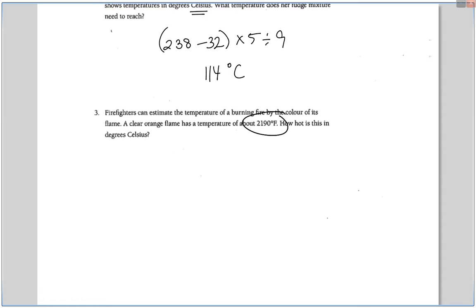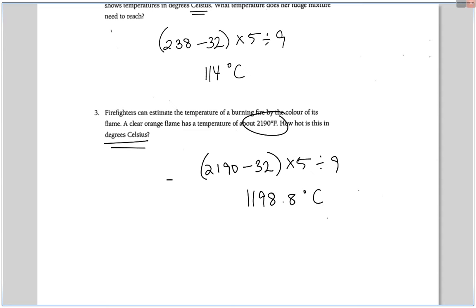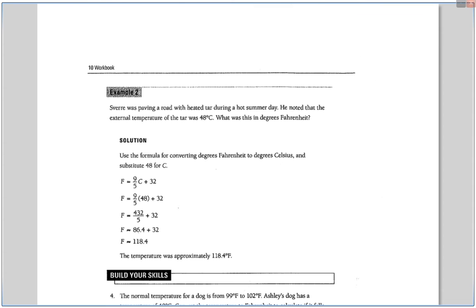Same thing, here it is in Fahrenheit, change to Celsius, so 2190, take away 32, get that answer, times by 5, divide by 9. 1,198.8 degrees Celsius. Okay, so like I said, it's one of the easier sections in the book.